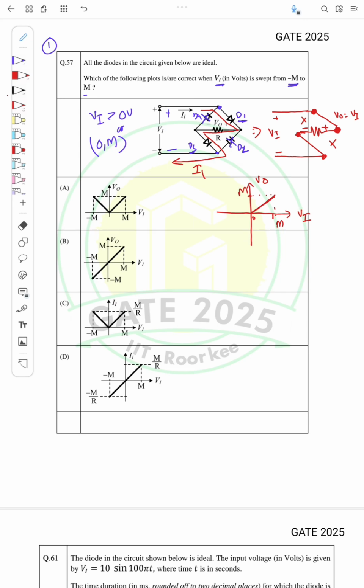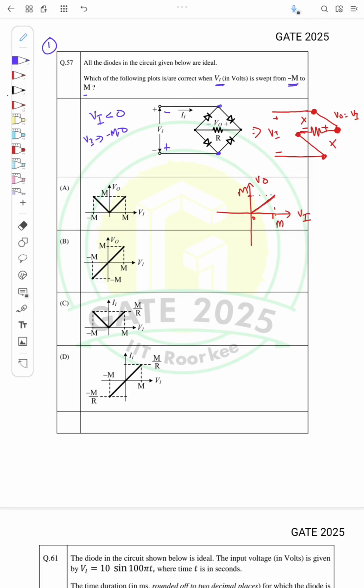Whatever the sweep change in Vi, that will be linearly changing in V0 also, like this. Now what happens when Vi is less than 0, or Vi is in the range of minus M to 0? The voltage polarity will be like this, minus plus. So here this is plus and this is minus.